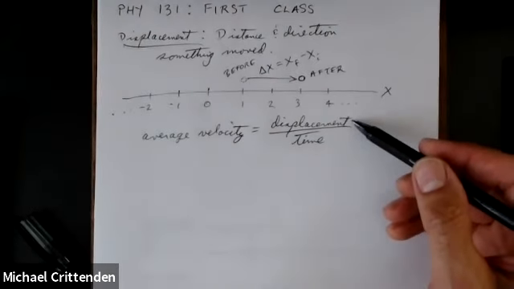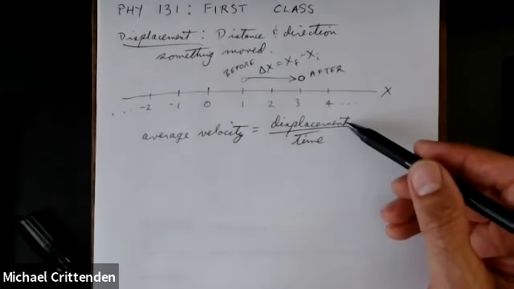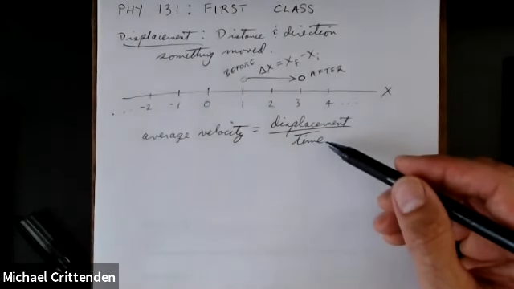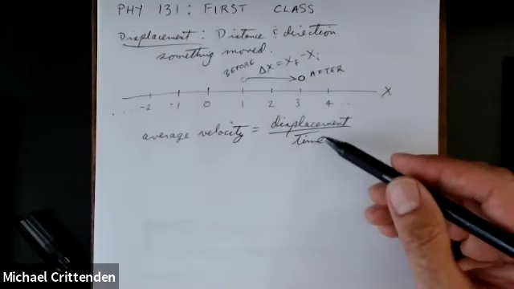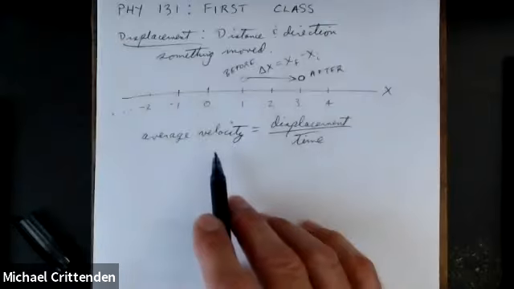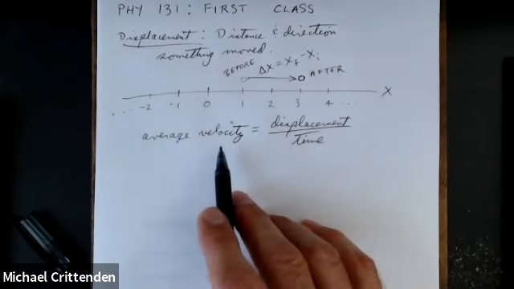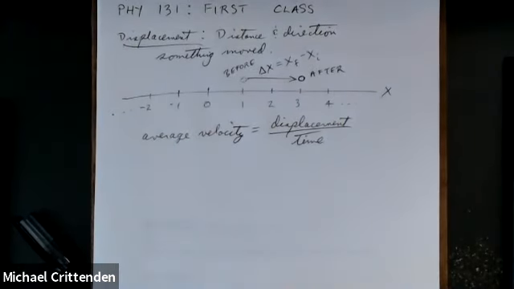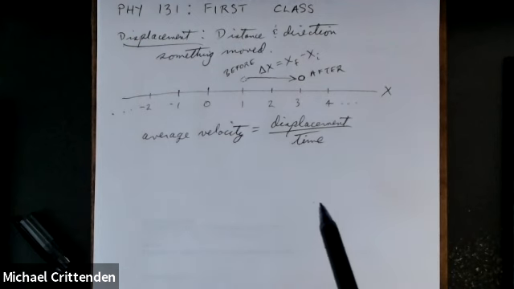If you went 100 miles in 2 hours, 100 miles divided by 2 hours, 50 miles per hour for your average velocity. Anytime you hear the word per, it means divide, okay? Miles per gallon means you take the miles and divide by the gallons. Miles per hour means miles divided by hours. So displacement divided by time.